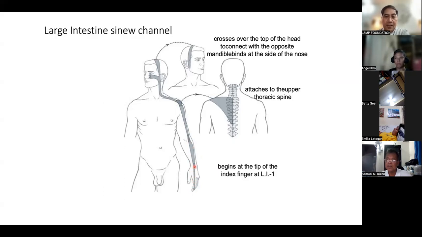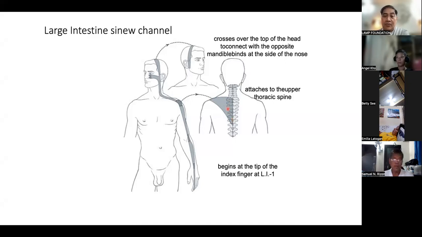It ascends across the forearm, connects at the lateral aspect of the elbow, then up the arm to connect at the shoulder. A branch will enter the scapula. You can see it here. And then it attaches to the spine. That's why it is so good to use. You may always want to use LI points on shoulder issues.